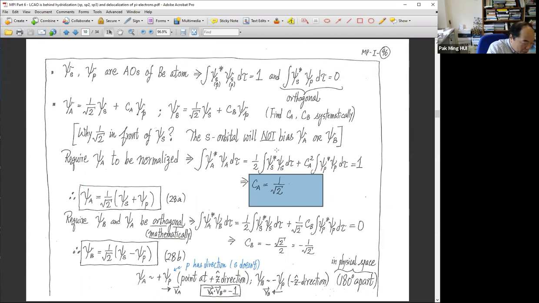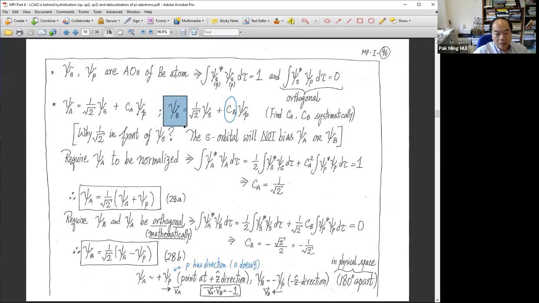How about the other one? So what is remaining is this coefficient. How to do that? With the first one known, then we want to exercise the following property. The hybridized orbitals should be orthogonal to each other, just like the atomic orbitals by themselves.